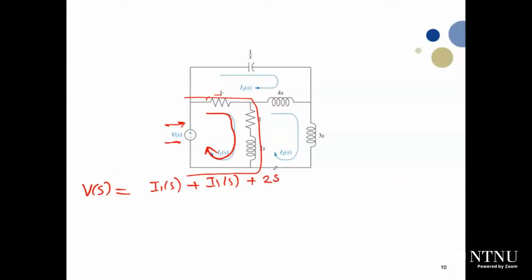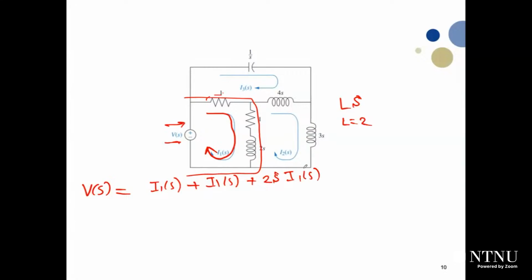What is 2s? It is 2s. This one is inductance. So L here, so it's LS in fact, but here L equals 2. Okay, it will be 2s. Now I understand. 2s multiplied by I1 of S.